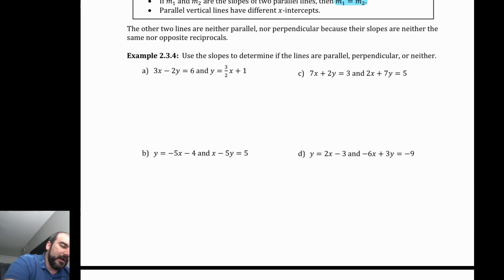Real quick question, do we know how to find the slope of an equation given like this? Find the slope of a line given as an equation? You would isolate y, right? Why?